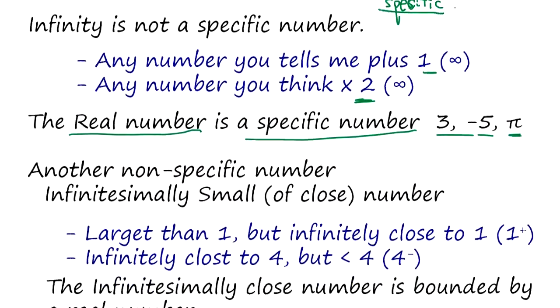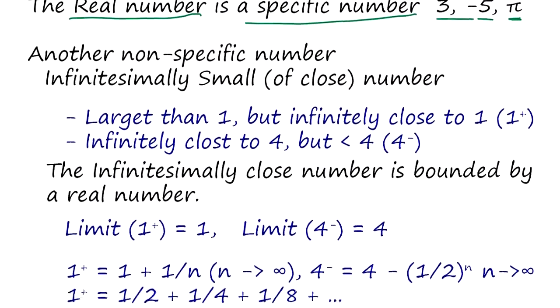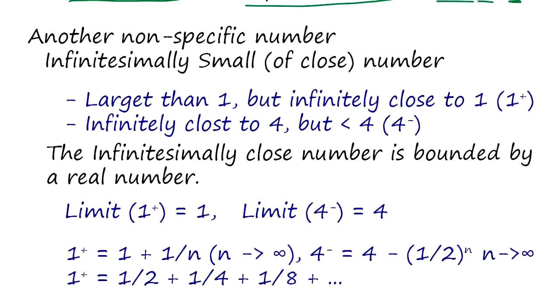So we have another non-specific number, an infinitesimally small or close number. For example, larger than 1 but infinitely close to 1, we write 1 plus. Infinitely close to 4 but less than 4, we write this way. It's not specific, it just shows the characteristic of the quantity.